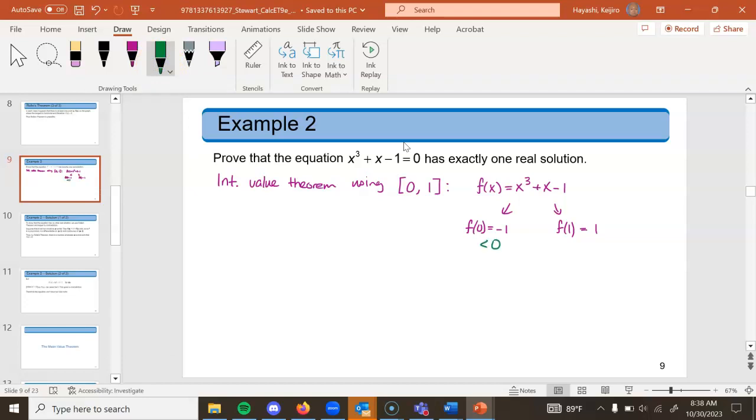This is less than 0. This is greater than 0.